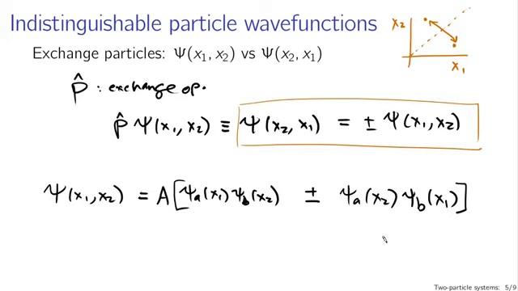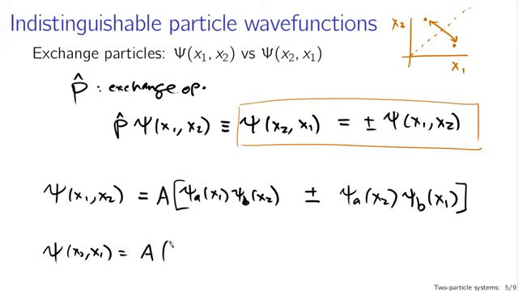And for instance, you can check this fairly easily. If I wanted to know what psi of x2, x1 was here, well, it's going to be this expression on the right, exchanging 2's for 1's and 1's for 2's.